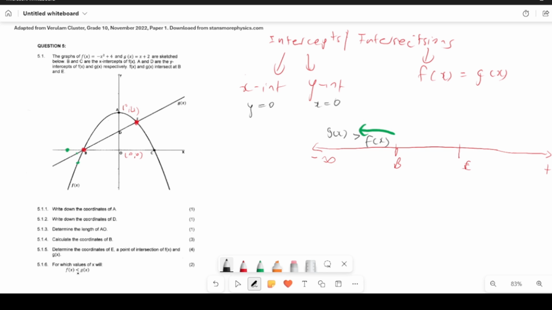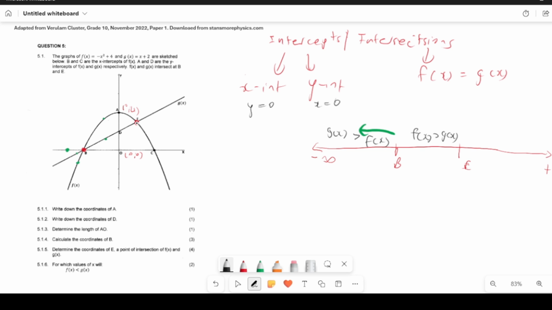Between b and e, if I input any value of x, the f of x function is greater than the g of x function. But we do not want that. We want values of x for which g of x is greater than f of x. So between b and e is not a solution.